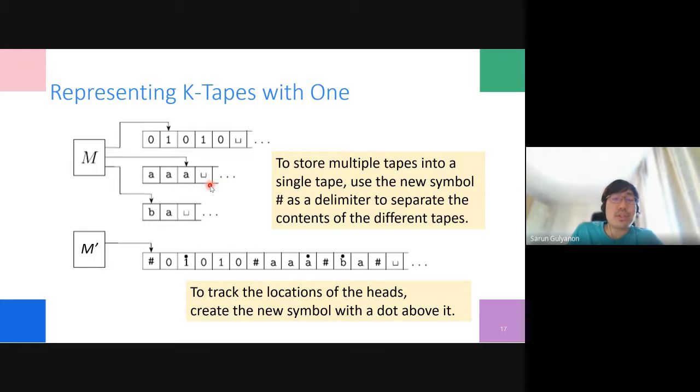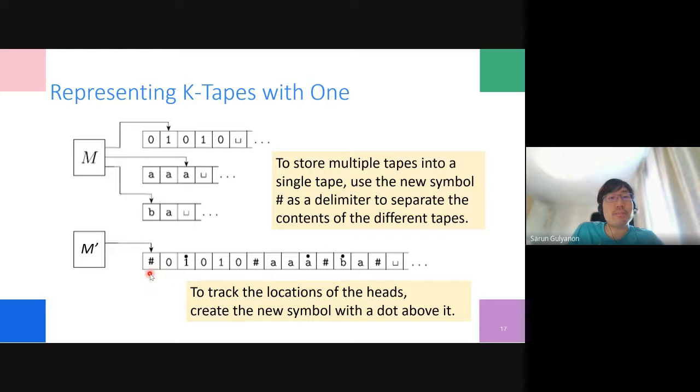What you need to do is create new symbols. The first new symbol that you need to create is this pound sign, or just call it this symbol. We use it as a symbol that tells us this is the end of the tape.